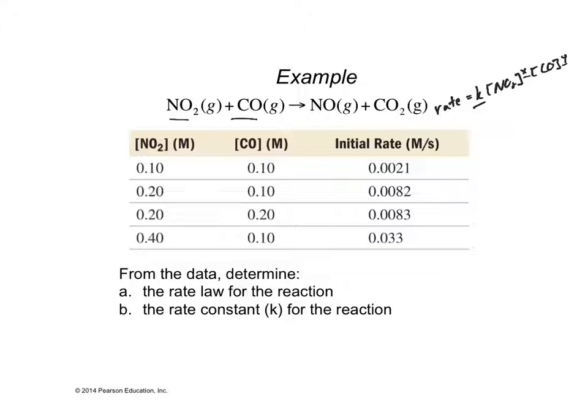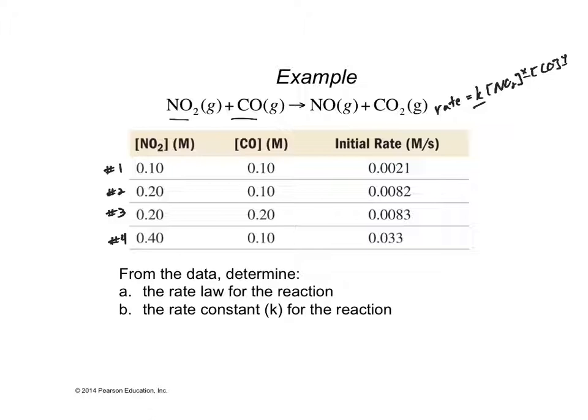So what we're going to first do is look at our various experiments that we have. So we've run 1, 2, 3, and 4, okay? If I want to figure out the order with respect to NO2, I have to find 2 experiments where I vary its concentration in some way while holding the other thing constant, right?